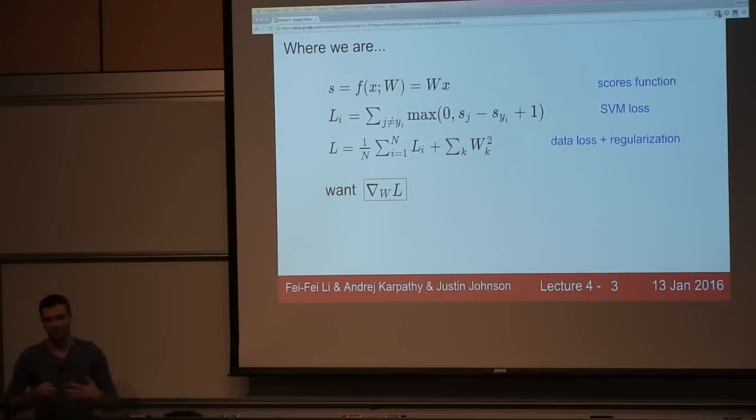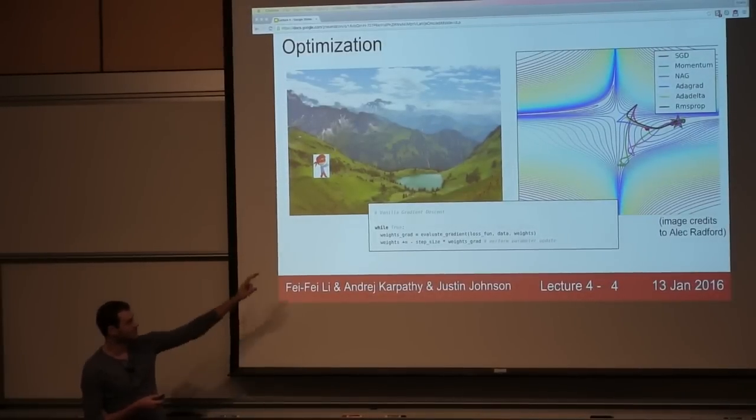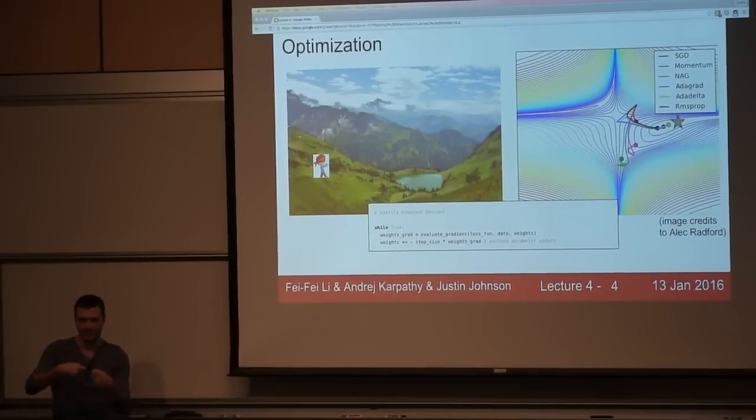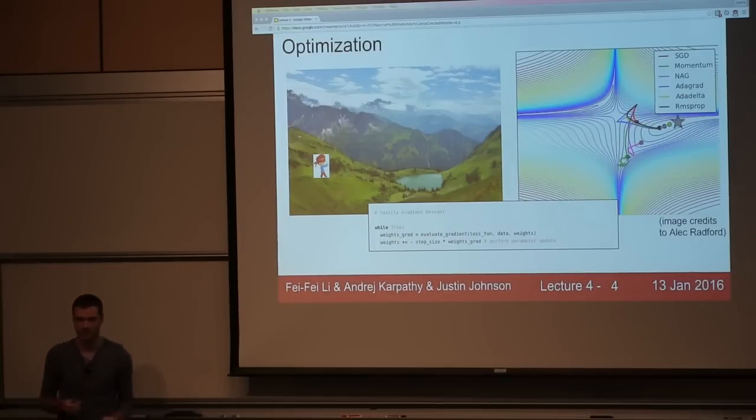We want to do this so that we can actually perform the optimization process. In the optimization process, we're doing gradient descent, where we iterate evaluating the gradient on your weights, doing a parameter update, and just repeating this over and over again so that we're converging to the low points of that loss function. And when we arrive at a low loss, that's equivalent to making good predictions over our training data in terms of the scores that come out.